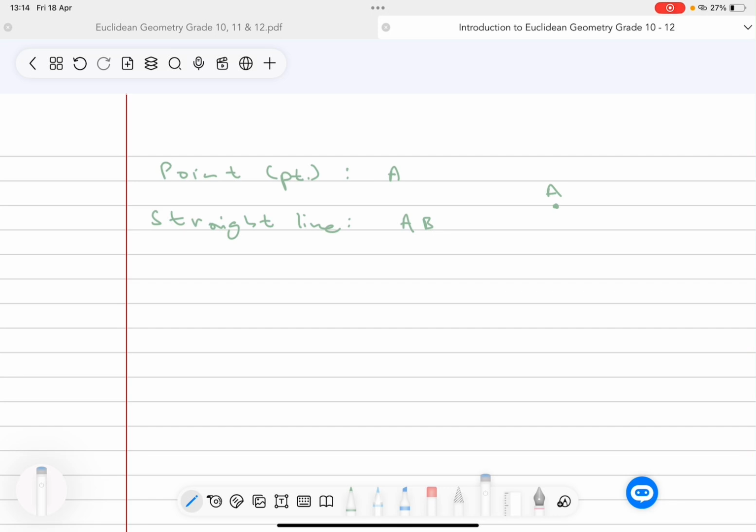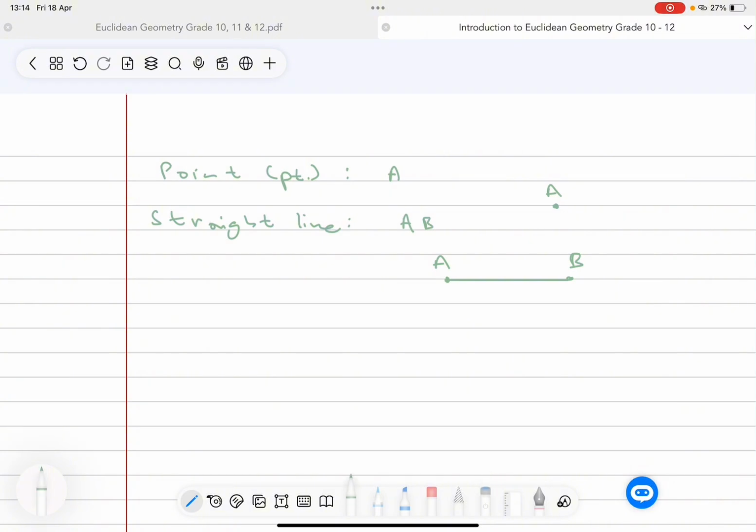So we're going to have a point here, which is A, and another point here, which is B. When we say AB, we simply mean that we have a line that moves from A to B. So when you see any two letters, they represent a line from A to B, just like I've drawn them on the diagram. This could be any two letters.